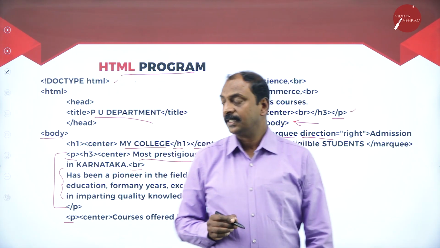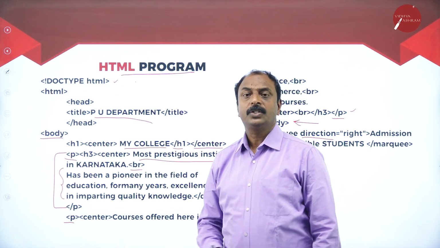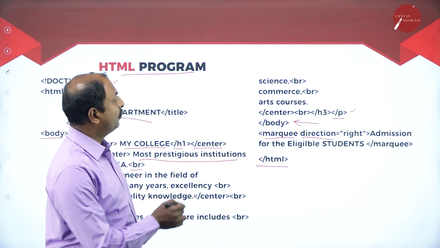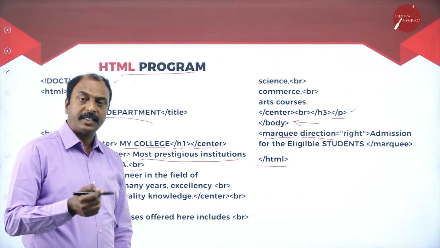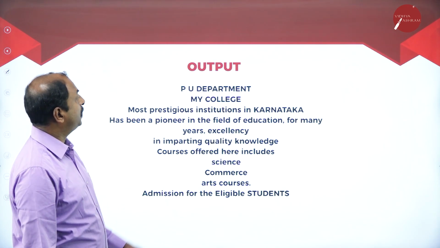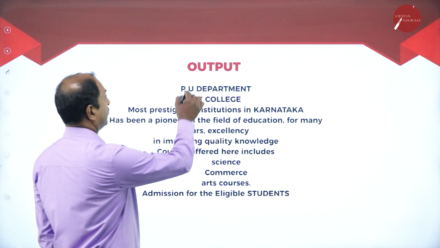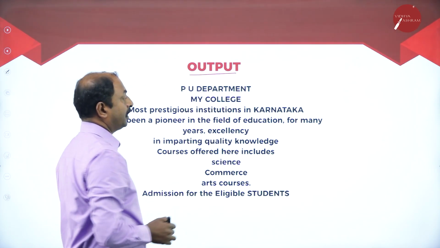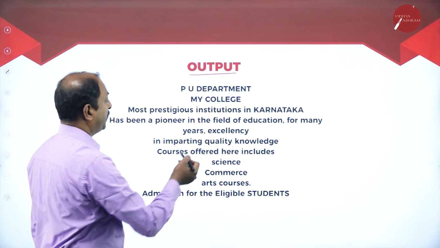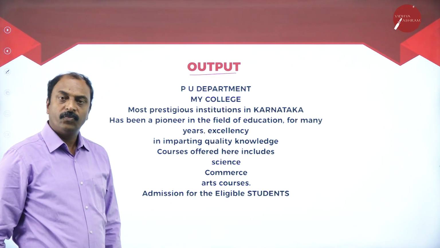So this is a simple program to show how to work with an HTML document. When you save the file as name.html, then open the file in a web browser window. This would be the output of the HTML document you have written. It displays according to our HTML file.